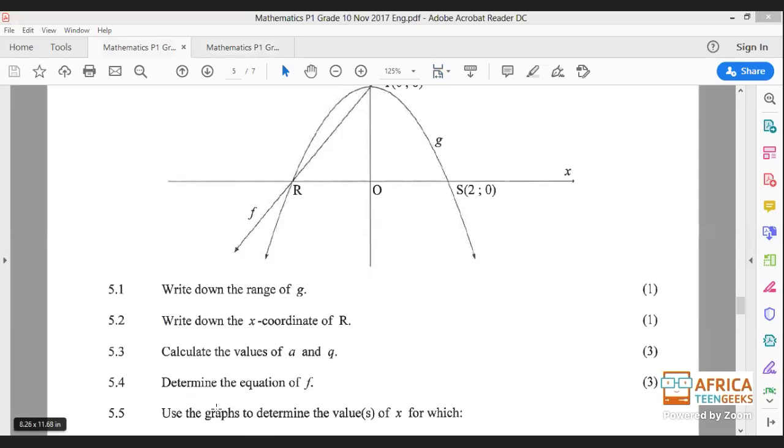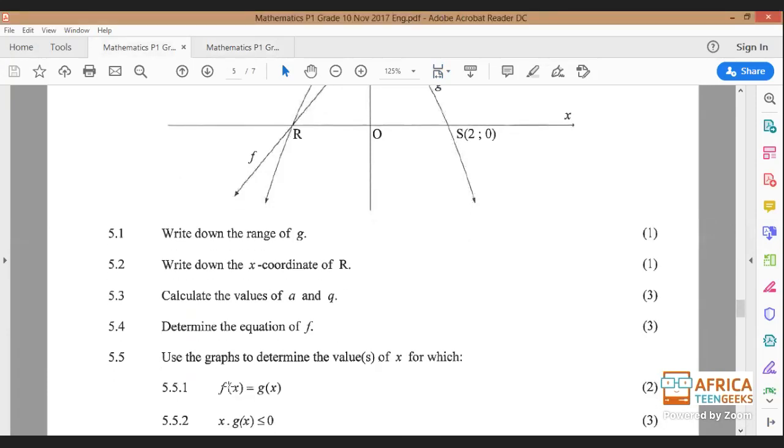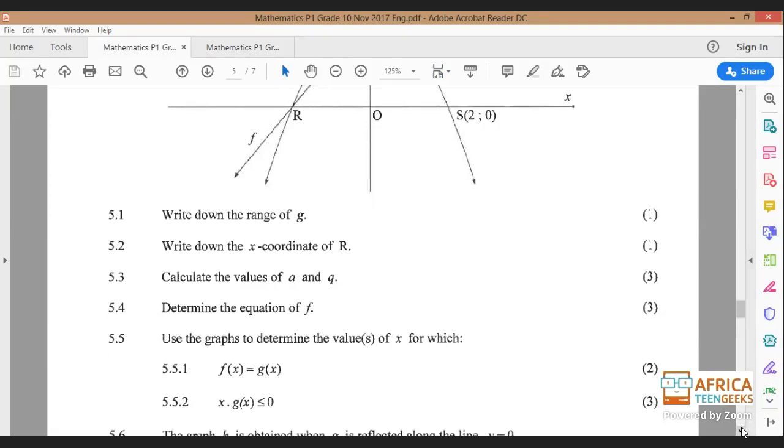Right? 5.5, it says use the graph to determine the values of x for which f of x is equals to g of x, and where x times g of x is less than or greater than 0, right? So basically, guys, who wants to do this one for us? Please do this one for me, guys.